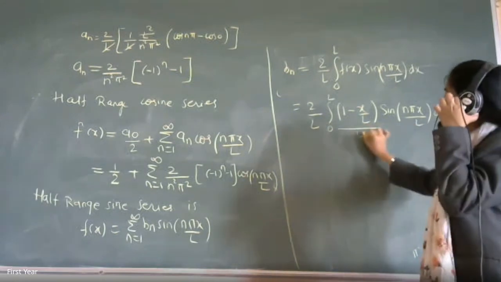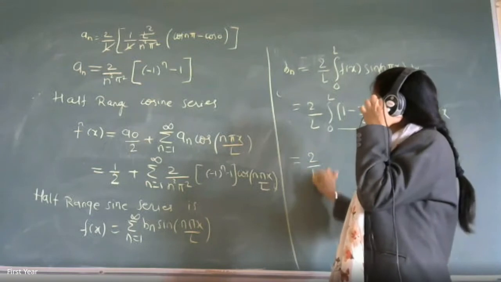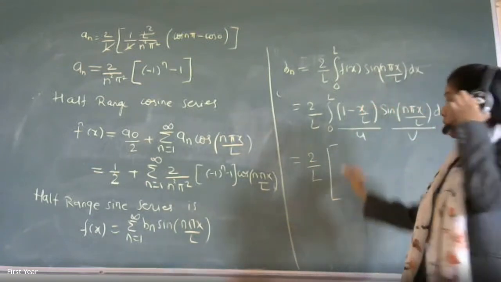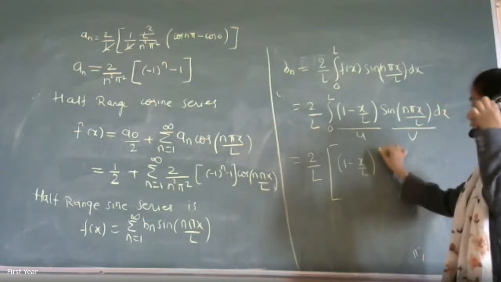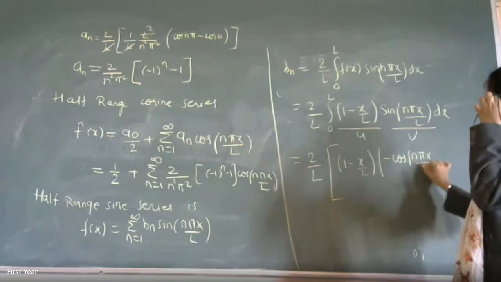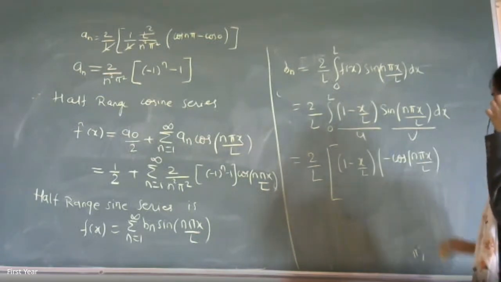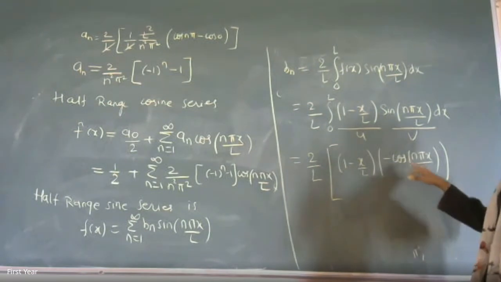So this is your u, this is your v. So 2 by L is 1 minus x by L into this first integration of sine, that is minus cos of n pi x by L. I'm not writing the second term because derivative will exist, but what's the integration of minus cos?